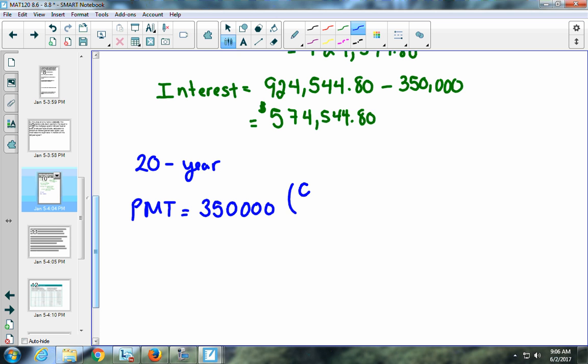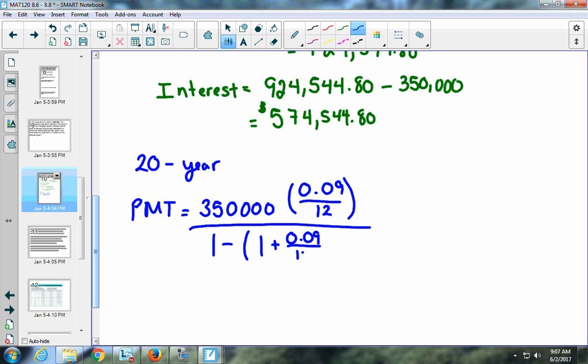The rate, because it's 9% in decimal form, is 0.09. I'm still assuming that I'm making a monthly payment. I have 1 minus, 1 plus, the interest rate over N, raised to the power of negative N times T, which is 20 this time because it is a 20-year mortgage.